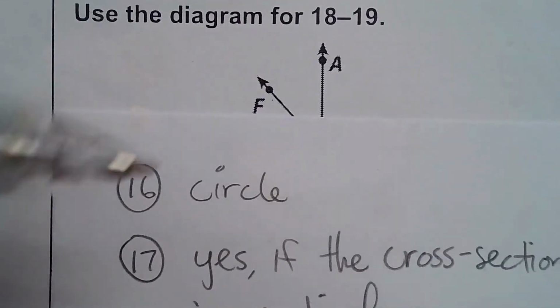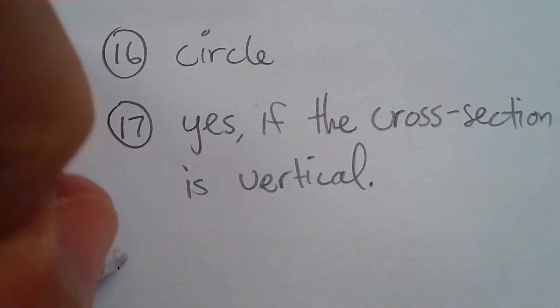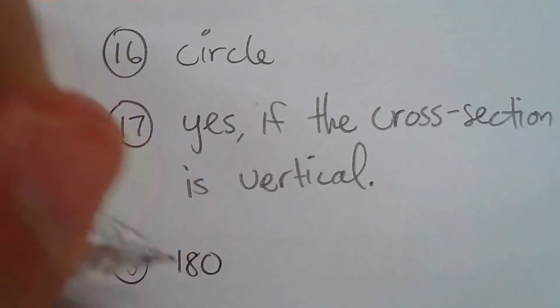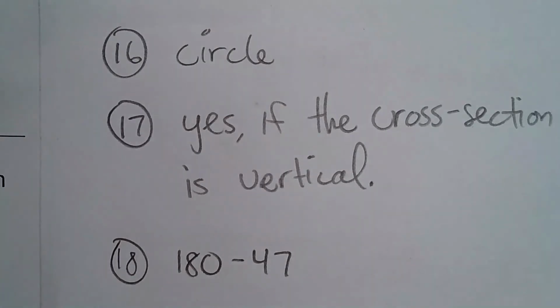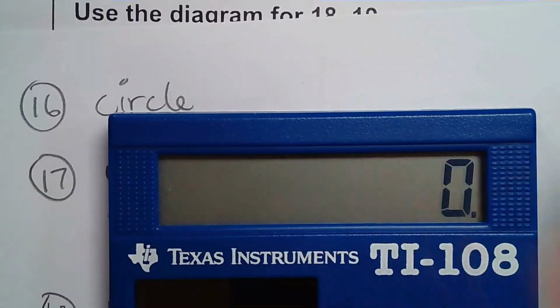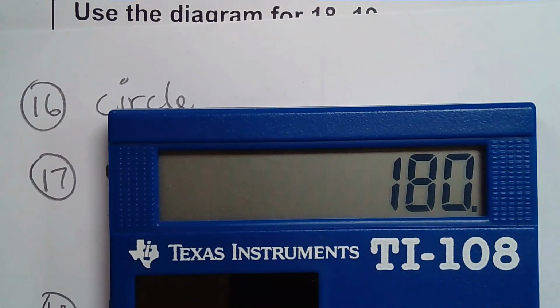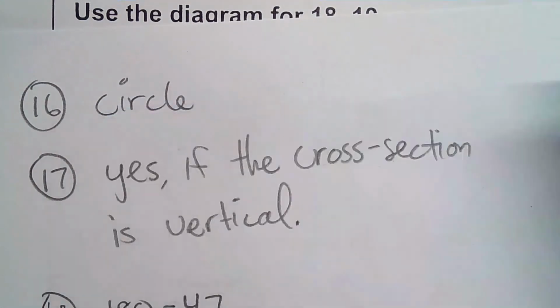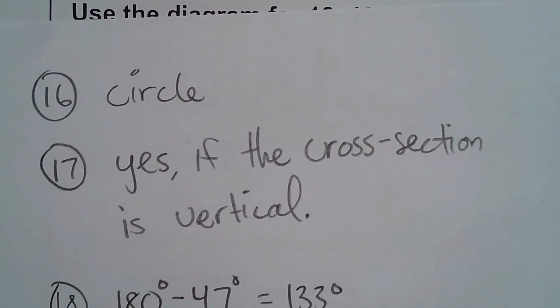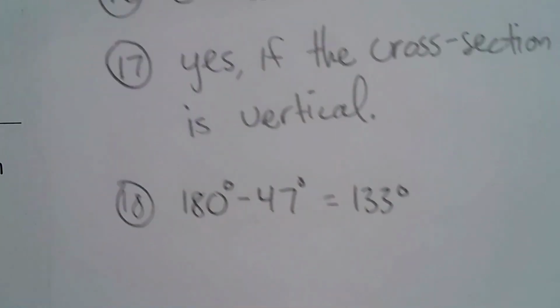So for number 18, it would be 180 minus 47. I can't think of that right now. My brain is already fried. 180 minus 47 is 133 degrees. And I guess maybe I'll put a little degree right there. 180 degrees minus 47 degrees.